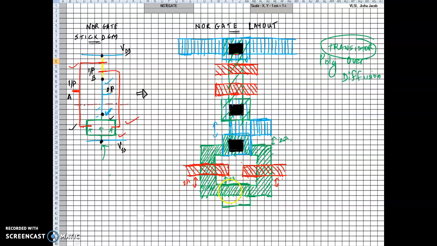The contact we are drawing is a contact between diffusion and metal, and therefore there is diffusion in the contact. Between diffusion and polysilicon, as I've marked here, requires 2 lambda. Therefore, I cannot push it further up. Okay, so I'll have to be satisfied with the contact looking like this. This should be fine.